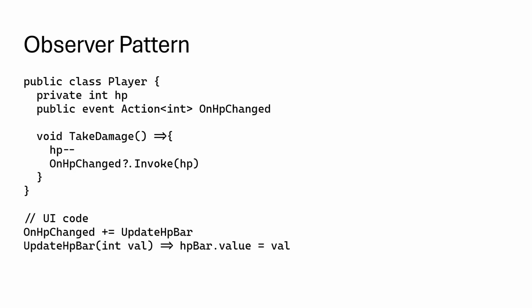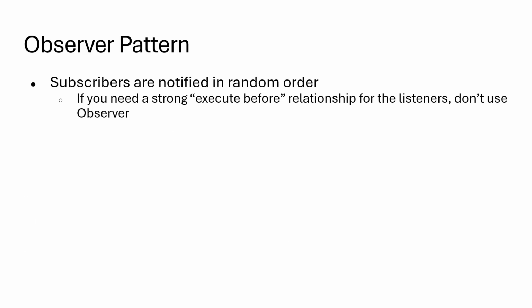But there's actually a very inherent problem to this pattern, which is that your subscribers are notified in random order. It's actually part of the language design to notify them in random order to improve performance.